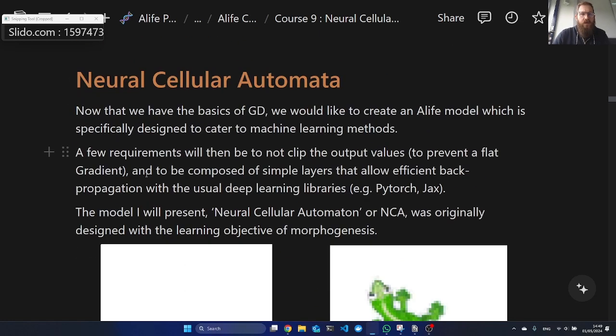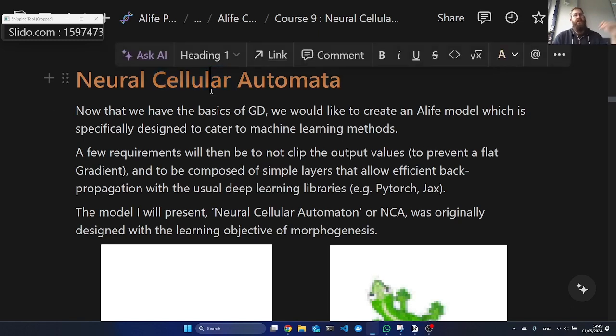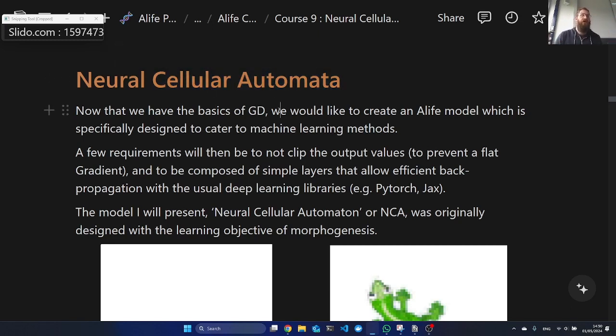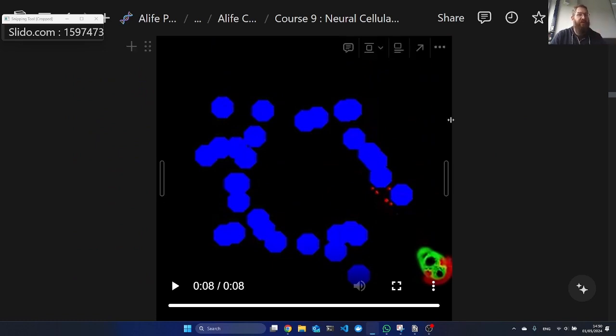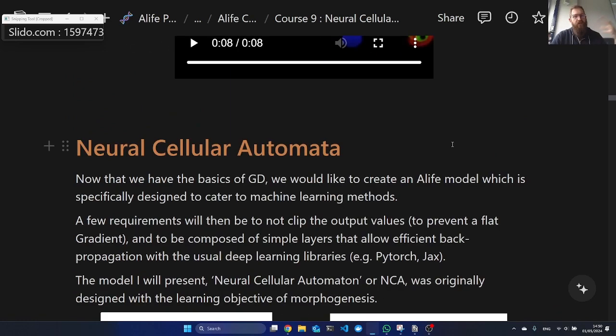So we want to design a cellular automaton which is crafted with the fact that we want to apply this gradient descent on it. Lenia was not designed with that in mind. It still works reasonably well, but very finicky. So here we want a cellular automaton which is made to be used with these machine learning algorithms. So what are the requirements if you want to use this gradient descent on it?